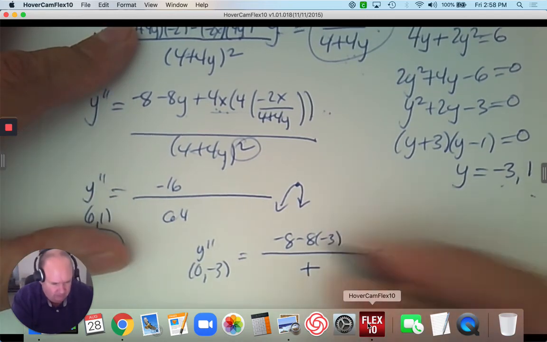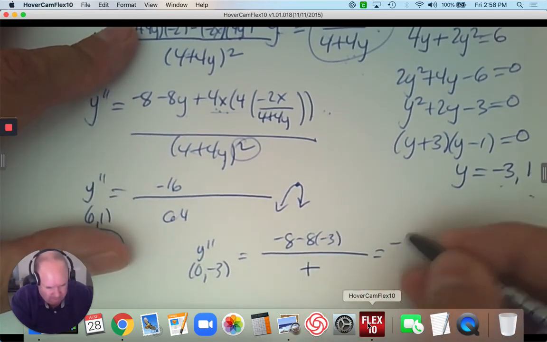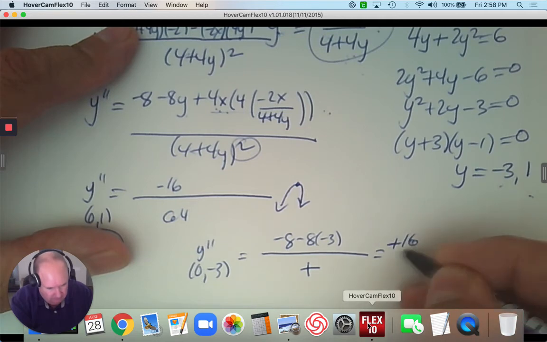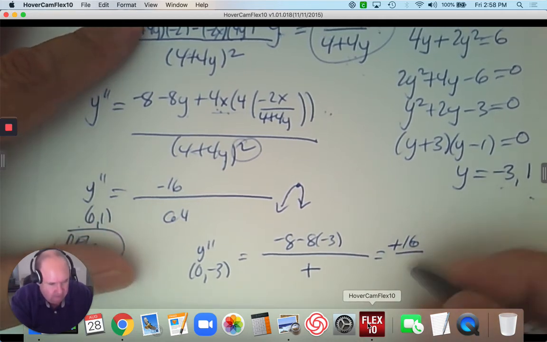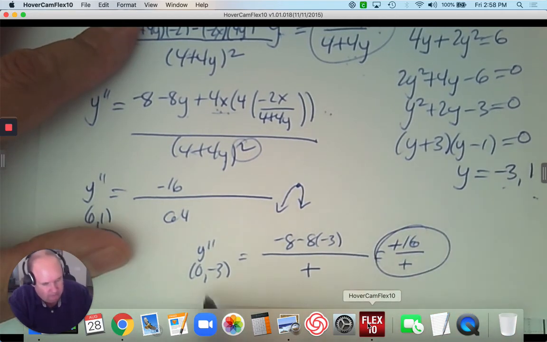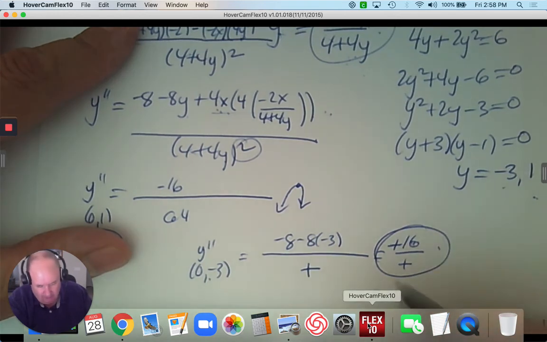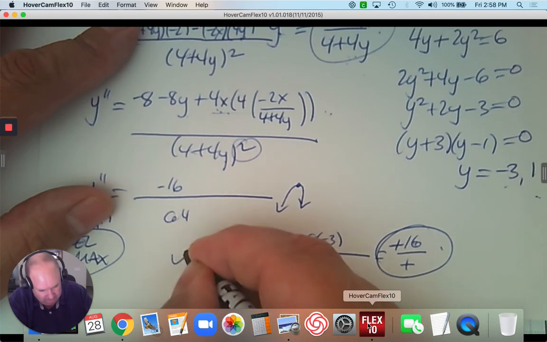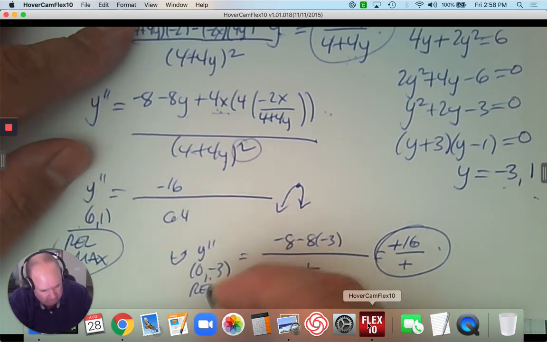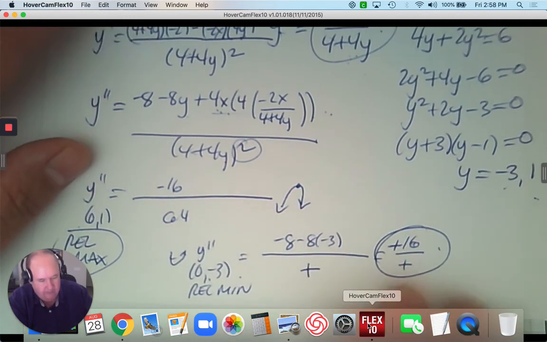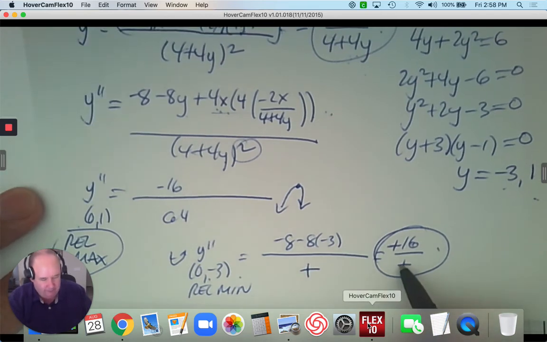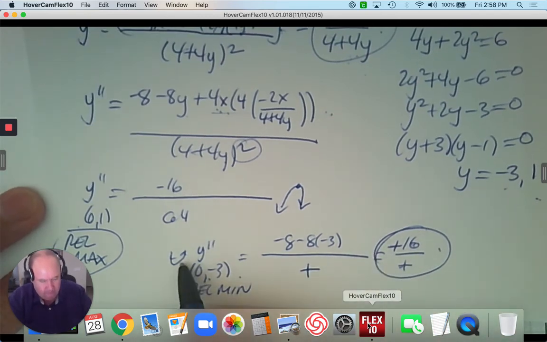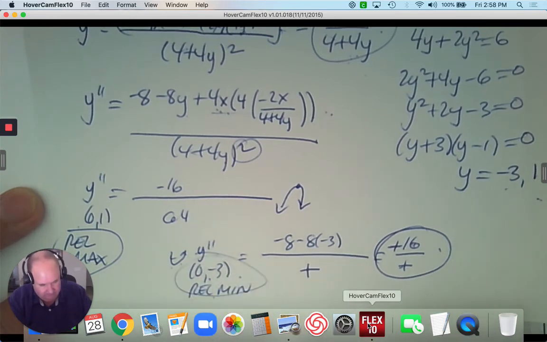The top, though, is going to be positive 24, take away 8. Oops. That's going to give you a positive 16. So when you plug in 0, negative 3, you get a positive answer for the second derivative. That means it's concave up. So this one is a minimum. A positive answer for the concavity means it's concave up, which means that point created a relative minimum.